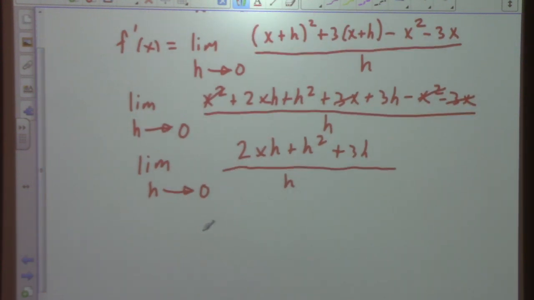And so we have equals limit as h approaches 0, and we have 2xh over h, so that's just going to be 2x, right? Yes.